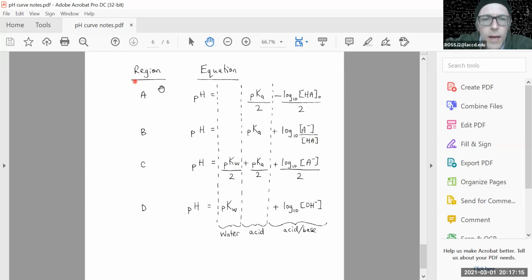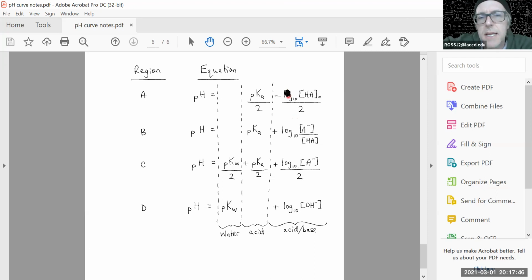Okay, so in region A, equation A, at the beginning of our titration, we have no water term. But we do have an acid term indicated by the Ka. The fact that there's a factor of 2 there, I'm not really bothered about, but we have an acid term. And we also have this acid-base term here that is common to the other equations. So does that make sense?